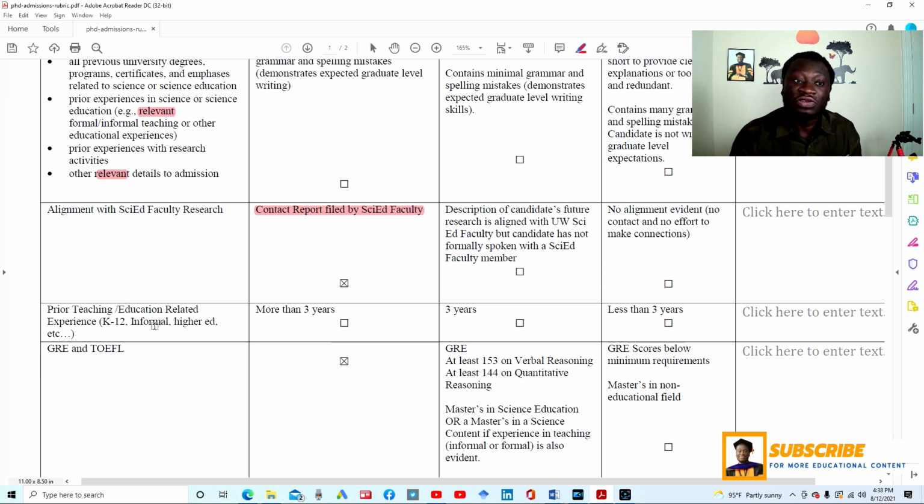Now, if as a grad student you would need some level of funding, then you have to be able to demonstrate that you are a good teacher, or you've been a good teacher in the past, or you have some teaching experiences. For international students, you would have to demonstrate that maybe you can communicate well in English, and they would know that via your TOEFL scores or your writing samples as well, and maybe during the interview.